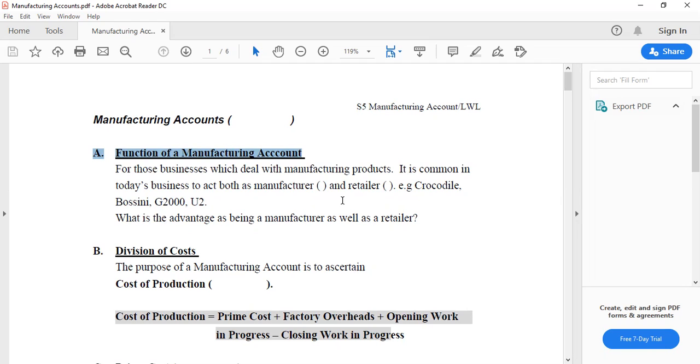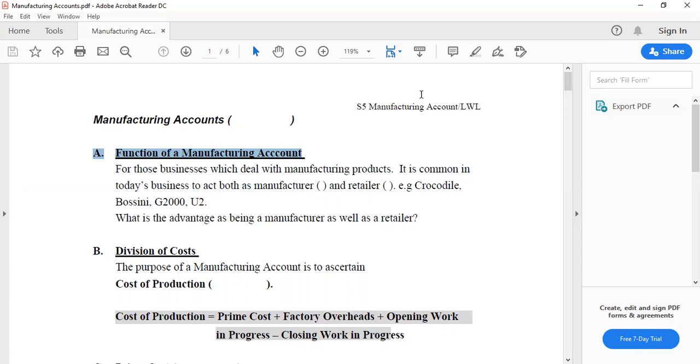The trading account and the profit and loss account are prepared for a business like a retailer or a wholesaler that simply buys goods and sells at a profit. But a manufacturing entity will also need to prepare a manufacturing account, in addition to the trading account and the profit and loss account.